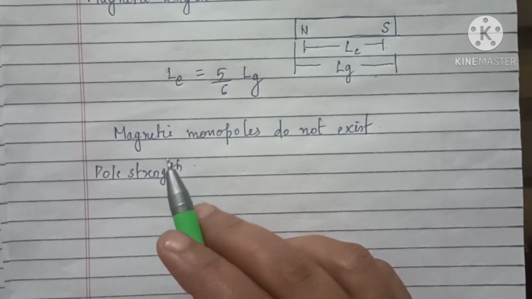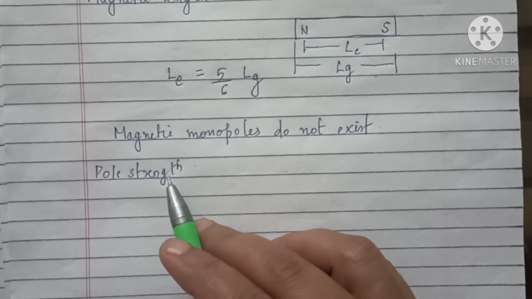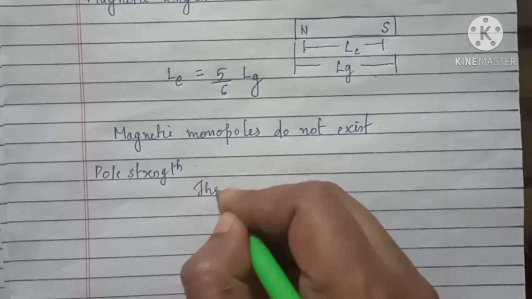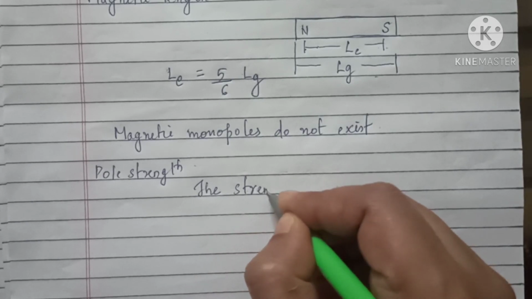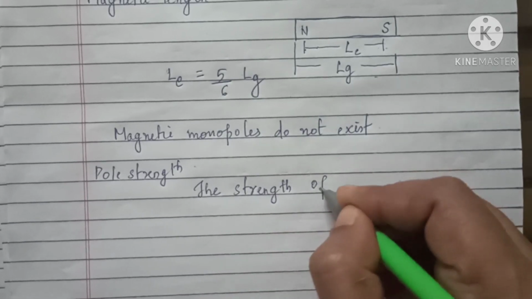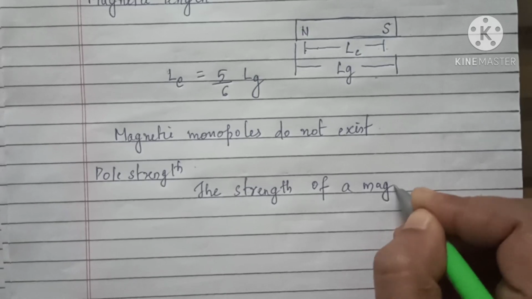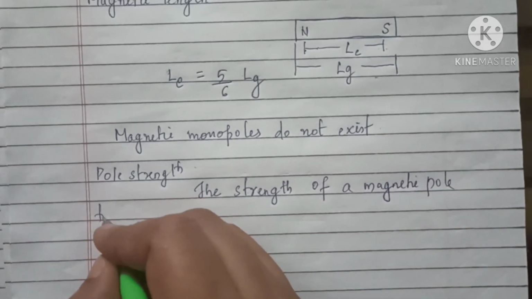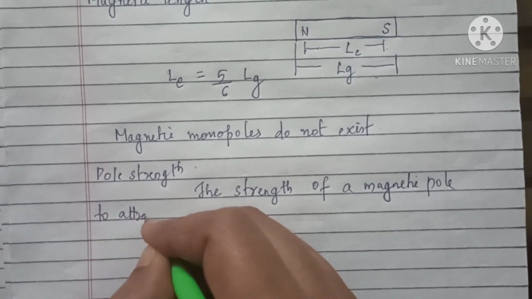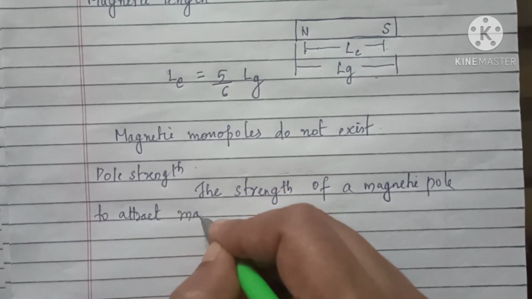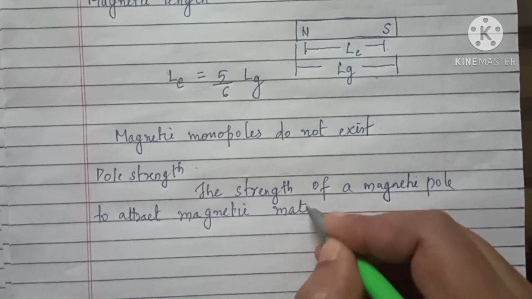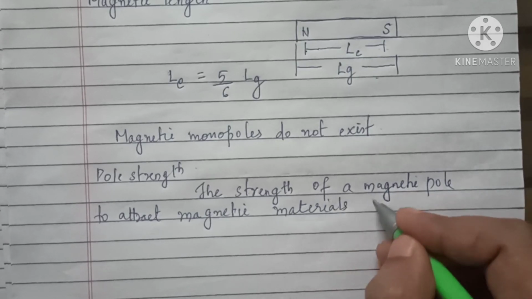It is defined as the strength of a magnetic pole to attract magnetic materials towards itself. It is known as pole strength.